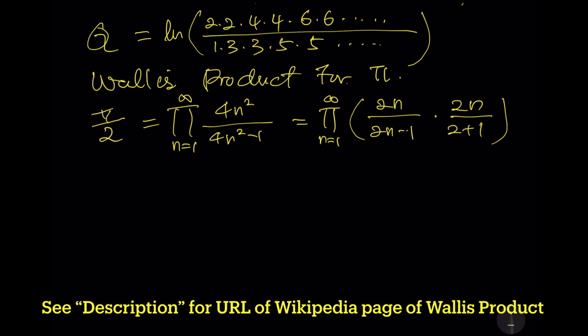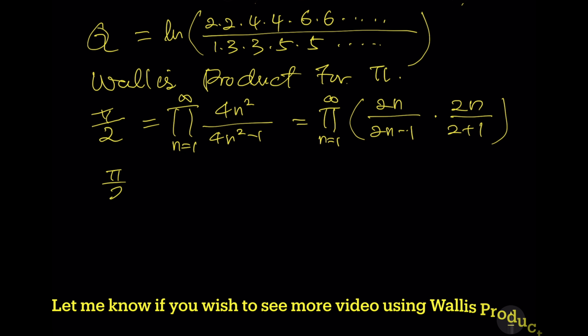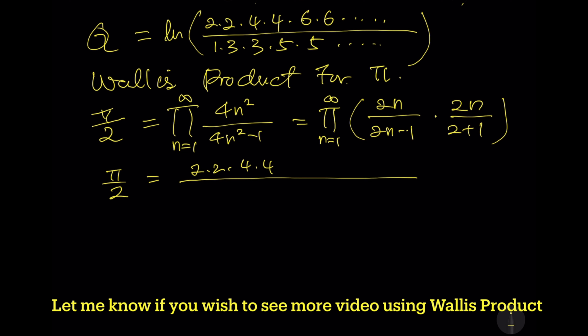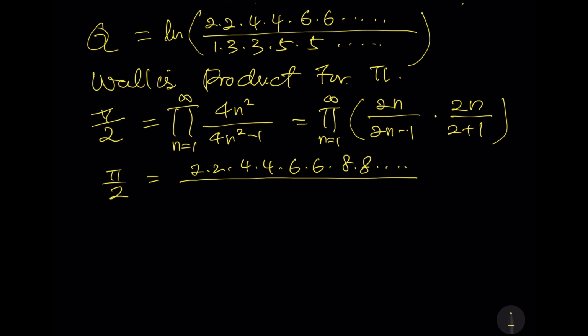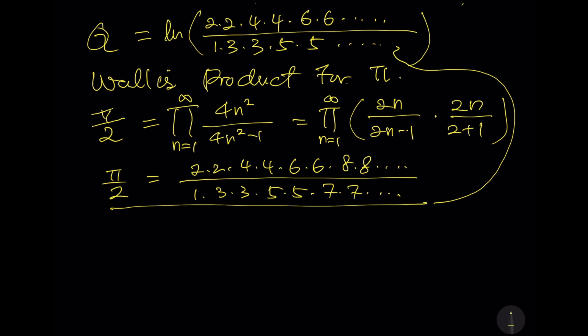What we need to know is to convert the Wallis product equation into numbers, which is pi divided by 2 equals the numerator 2 multiplied by 2 multiplied by 4 multiplied by 4 multiplied by 6 multiplied by 6 multiplied by 8 multiplied by 8 and so on, while the denominator is 1 multiplied by 3 multiplied by 3 multiplied by 5 multiplied by 5 multiplied by 7 multiplied by 7 and so on, which means this equation is exactly replaceable into our equation Q.